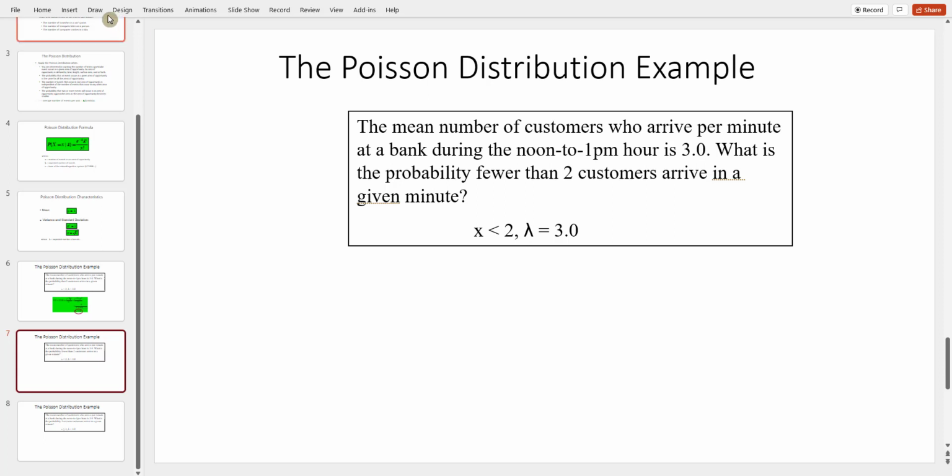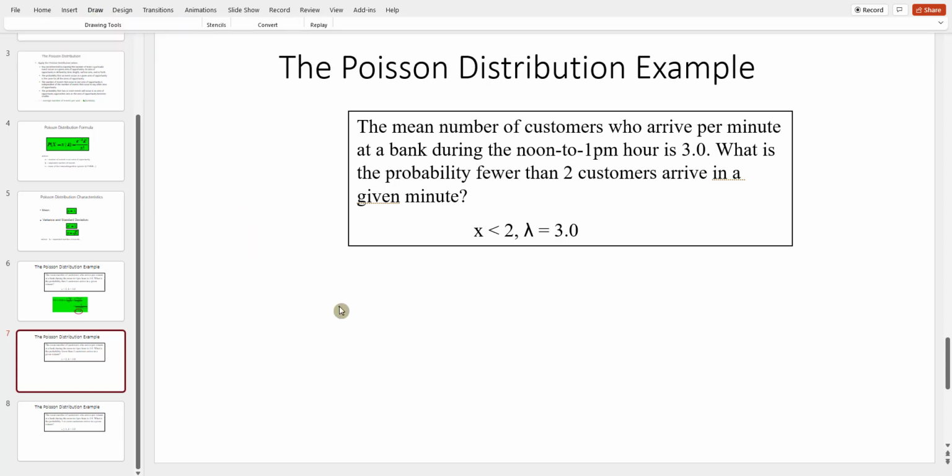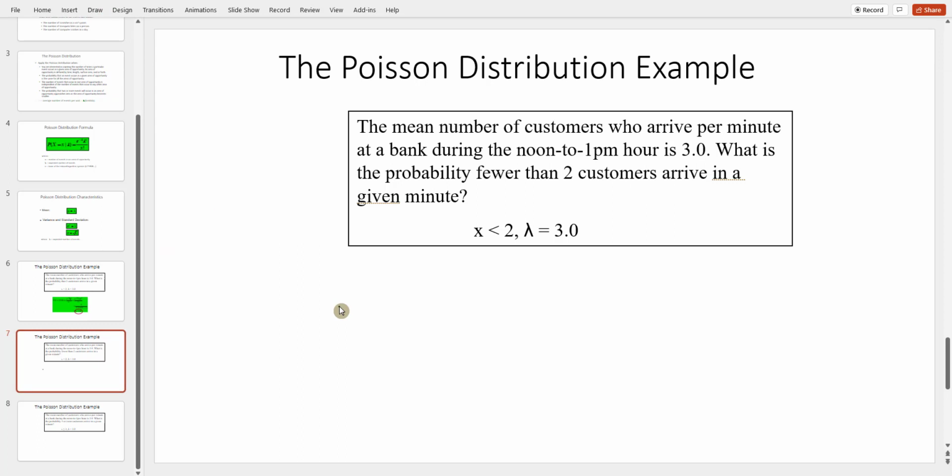So when we do this, this is the probability that x is 0 plus the probability that x is 1, because that's fewer than 2. We don't put the probability that x is equal to 2 because it didn't say to include the 2. It said fewer than 2.